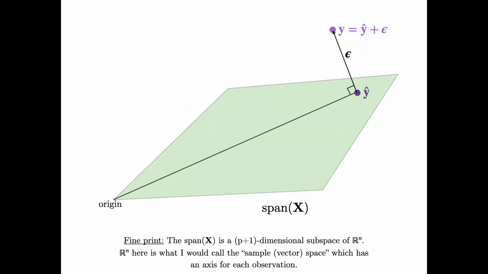Right? Every column of X lives in R^n because it has n elements, one for each observation. So R^n, in this case, the ambient space that the span of X lives in, is what I would call the sample space, or the sample vector space, which has an axis for each observation. It is very uncommon for us to think about our data in this way.